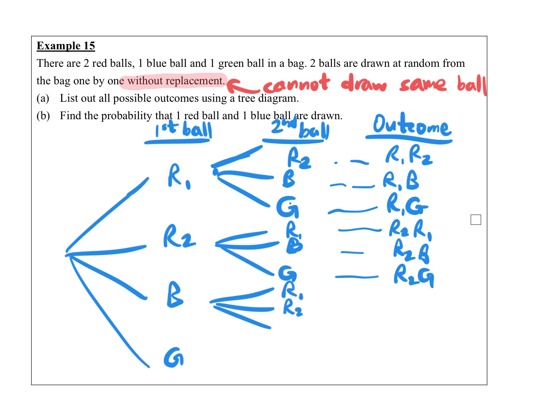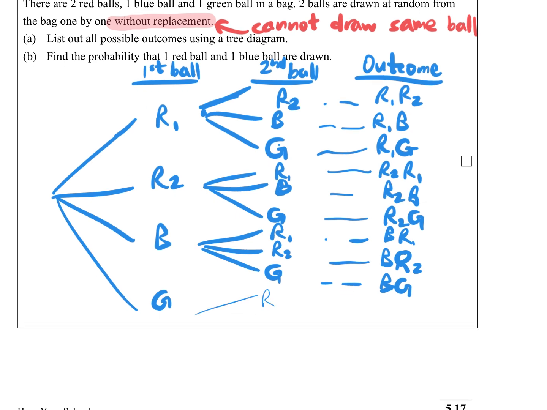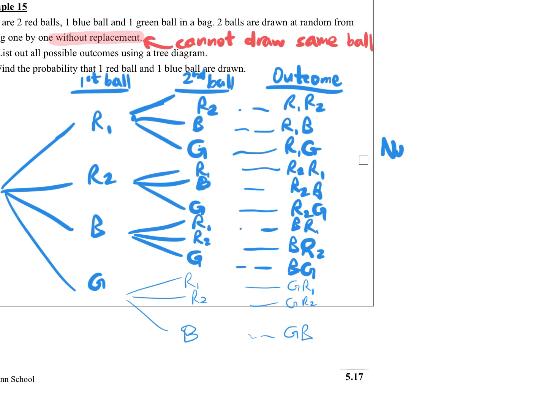But in a table, be very careful which options are allowed. For example, now that we draw a blue ball first, you won't draw another blue ball. So, number of outcomes, how to count.